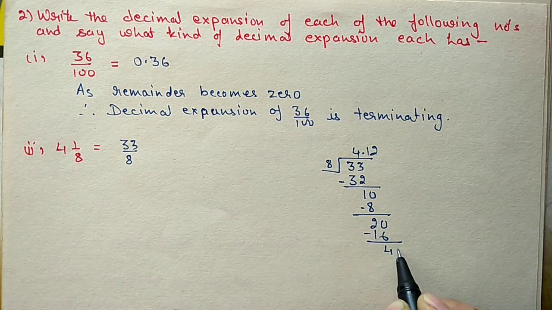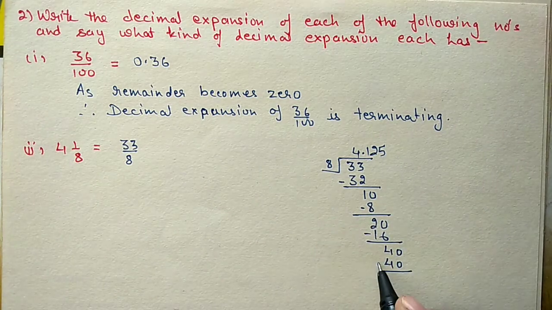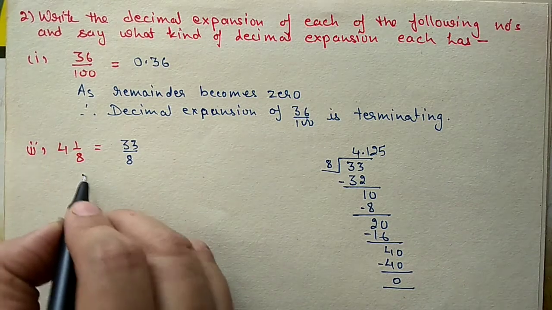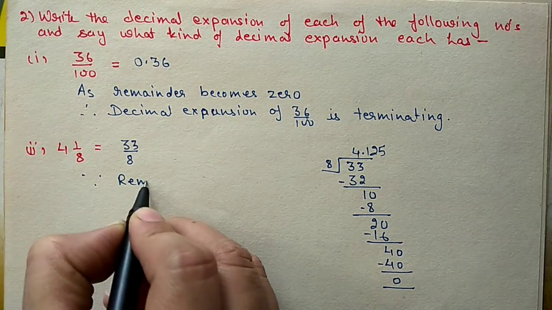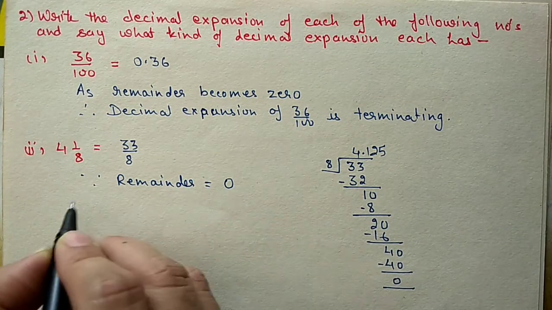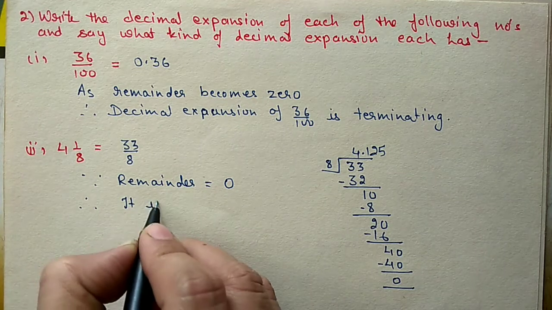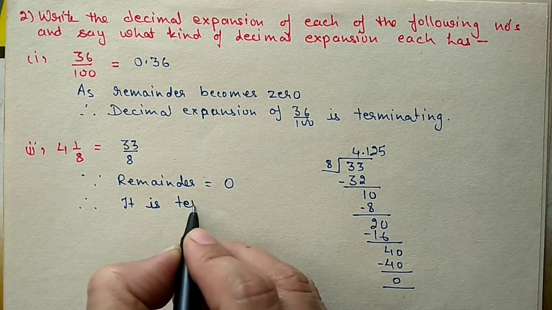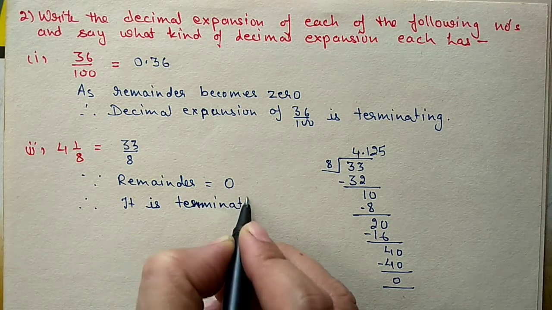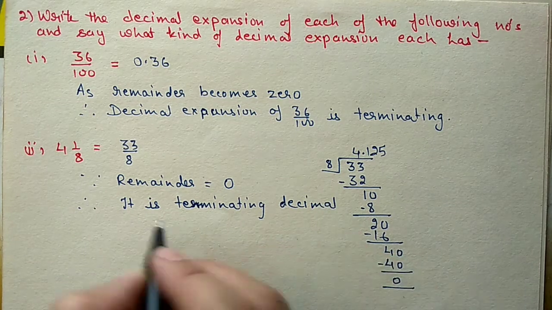Then 4, take 1 more 0 and 8 5s are 40. And now you can see after this we are getting remainder as 0. So because the remainder is equal to 0, therefore it is a terminating decimal expansion.